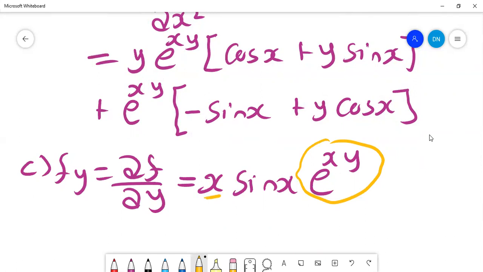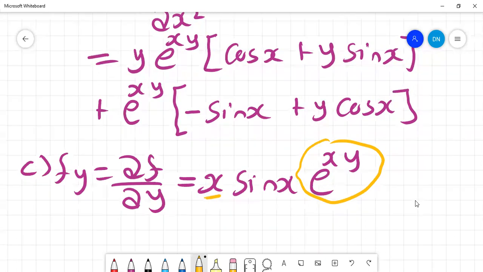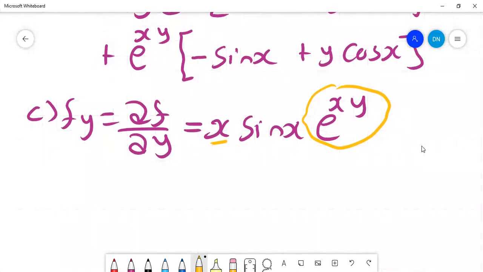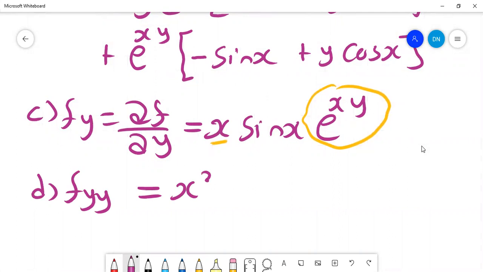Then sine x is a constant, so I treat it as such, and that should give me the solution. So that one was slightly different. What about part D? If I get the second derivative, everything else will be constant. I'll only be differentiating the exponential, which will give me x squared sine x e raised to the power xy. And that's what I'll get.